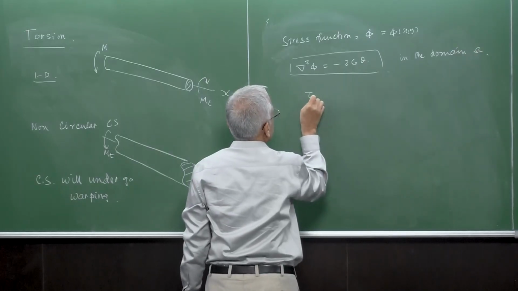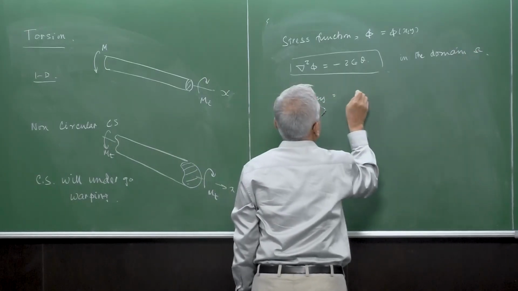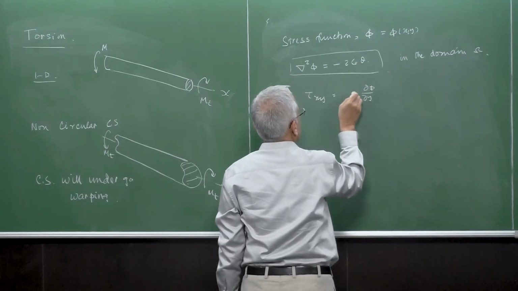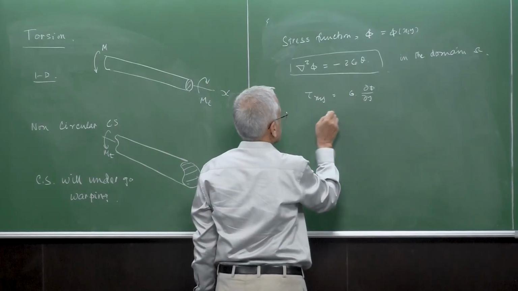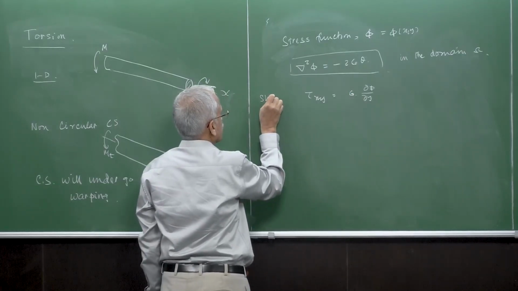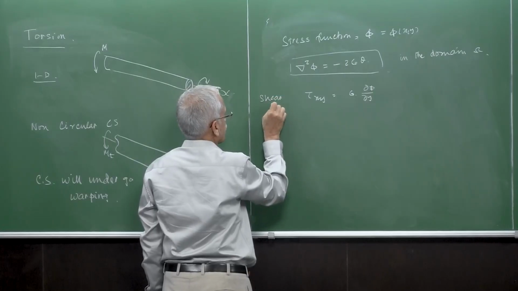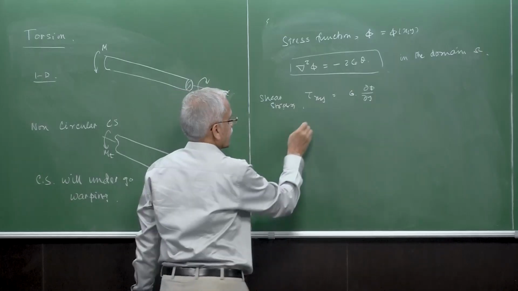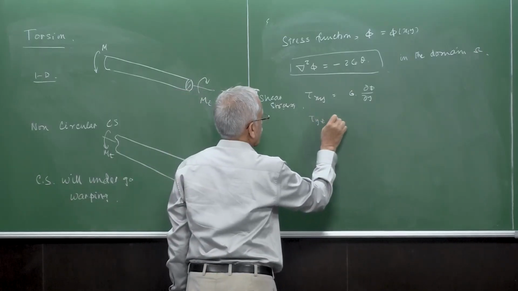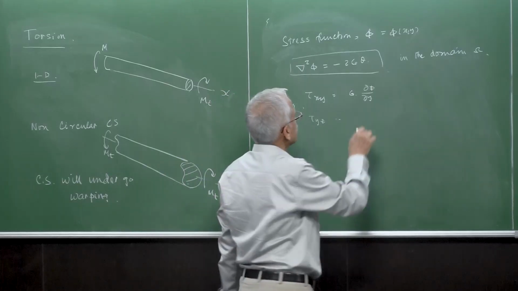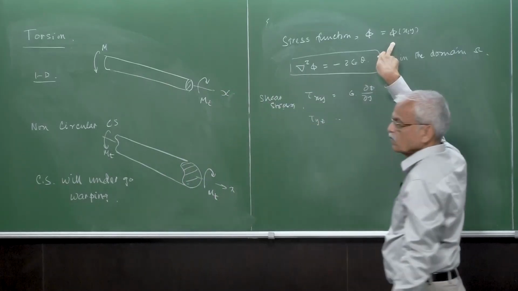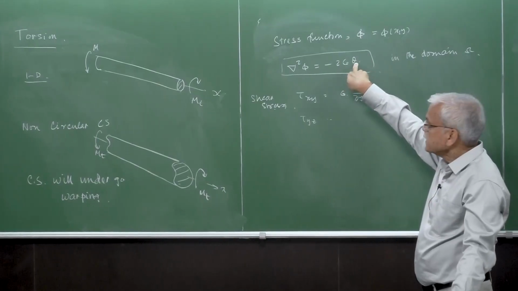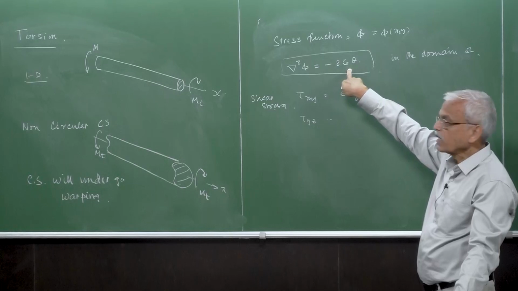And then there are so many other things, like the shear stresses here, XY as well as YZ. Now we are supposed to solve this phi stress function, which is related to this kind of equilibrium or governing equation.